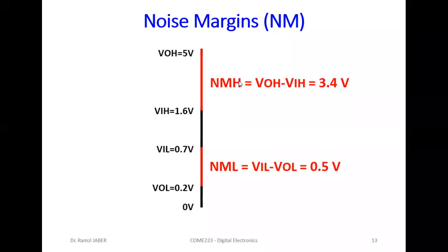Noise margin high equals V output high 5 volts minus 1.6 V input high, equals 3.4 volts. So in the BJT inverter, the NMH equals 3.4 volts, which is big. The noise margin low equals 0.5 volt. It's small. Here we have a small value. Here we have a big value.